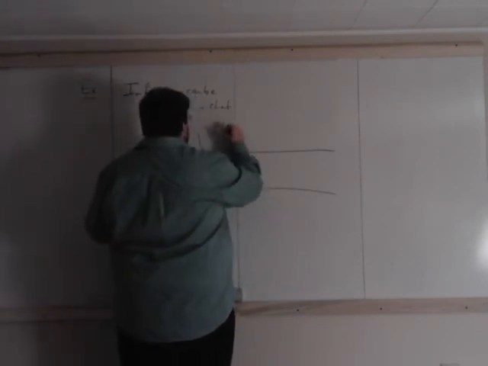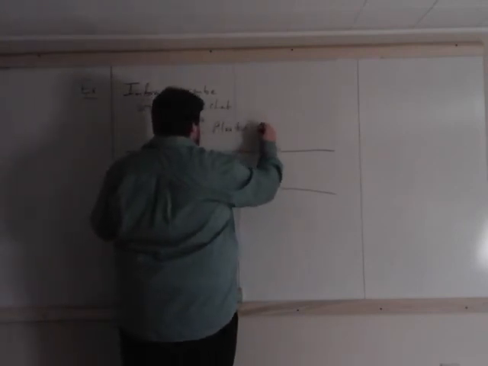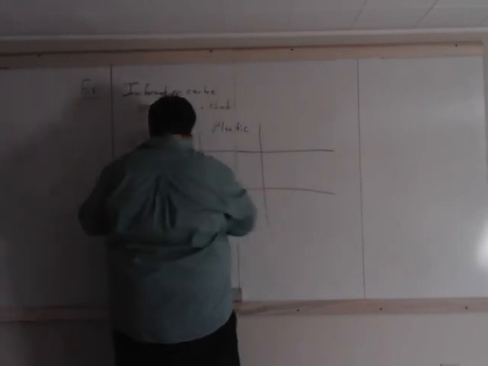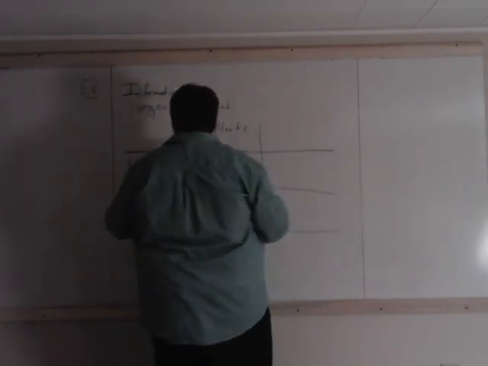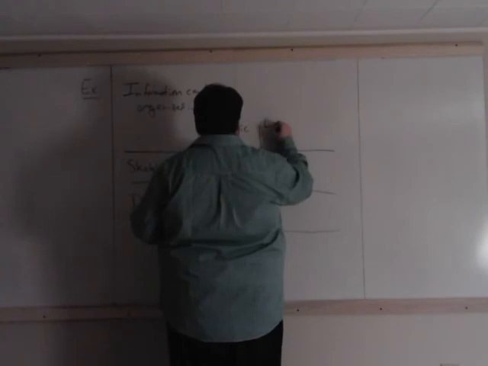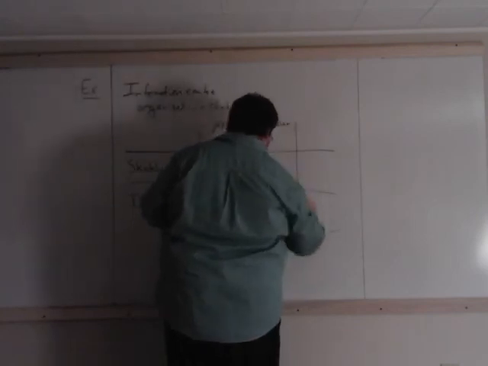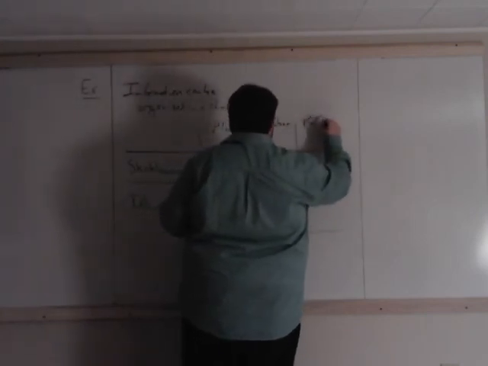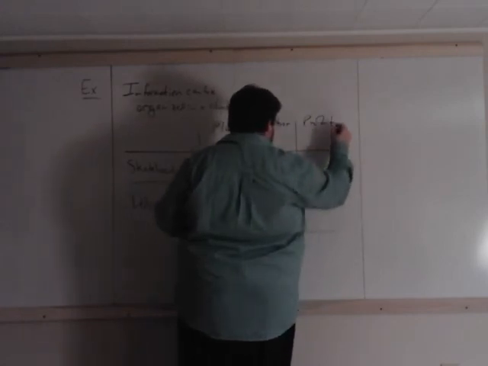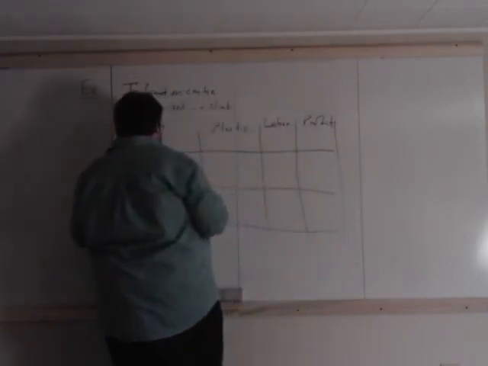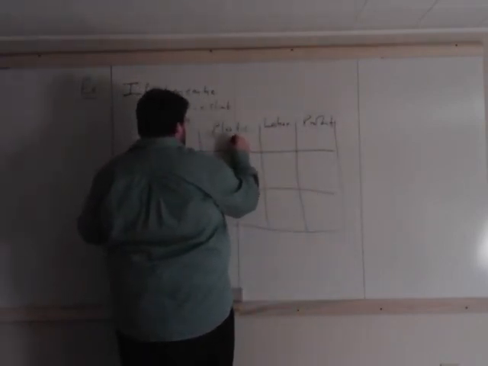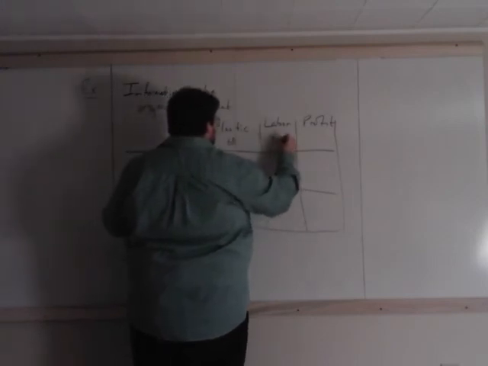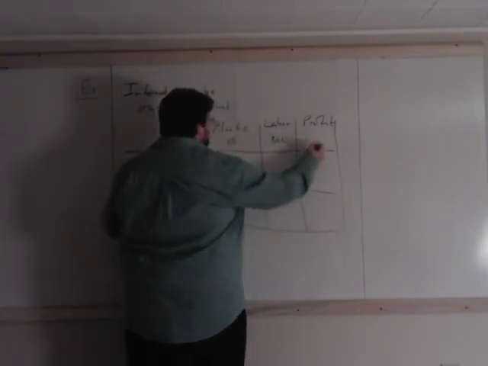So plastic, we'll put up here. Labor, we'll put here. And profit, we'll put here. We'll note we have 60 units of plastic, 360 units of labor, and profit we'll just call P.